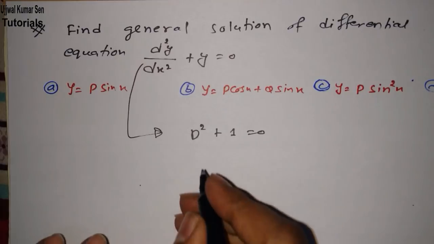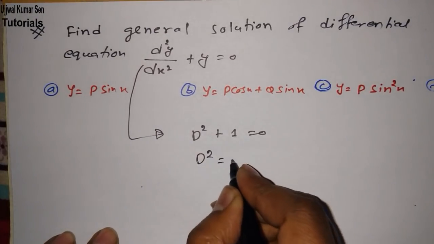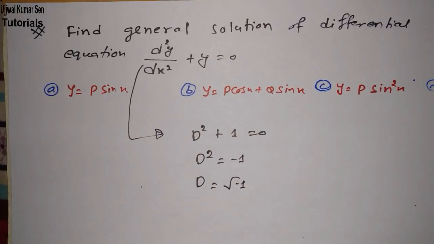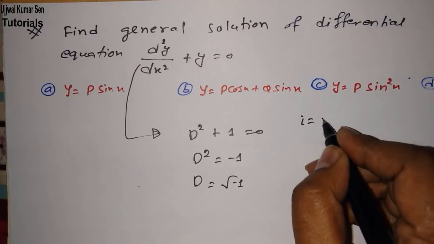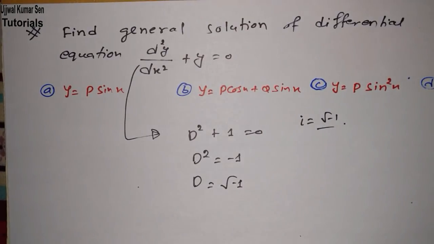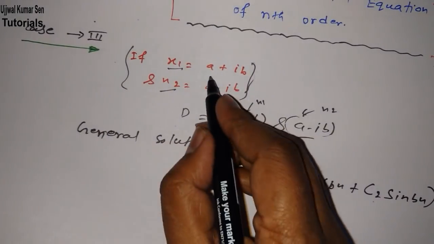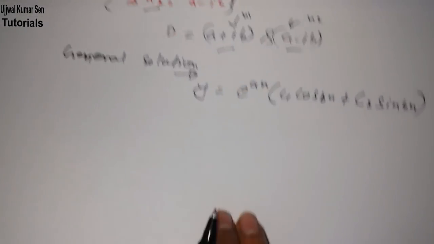So D square is equal to minus 1 we can write, and D is equal to root under minus 1. Root under minus 1 means it is an imaginary term, because we know that iota is equal to root under minus 1. So we can write this as plus minus iota, and again write it in the form I have already shared with you, a plus ib, right?